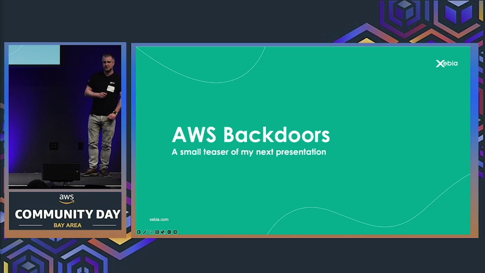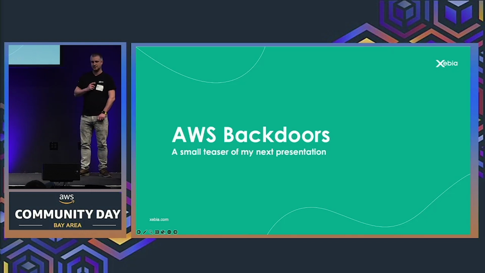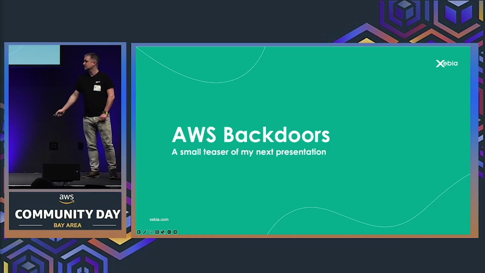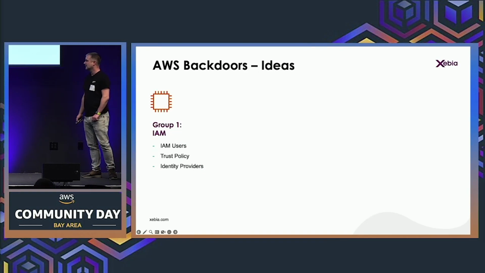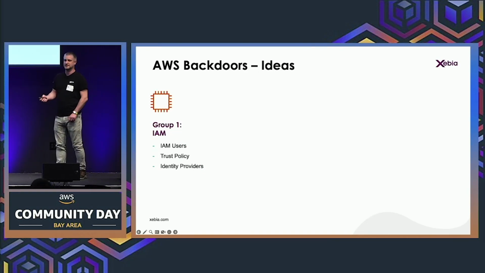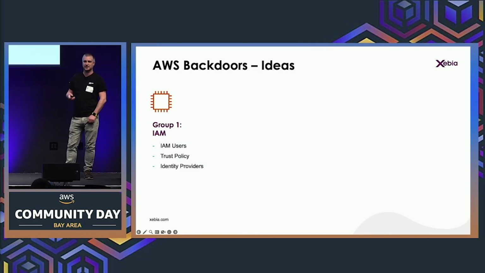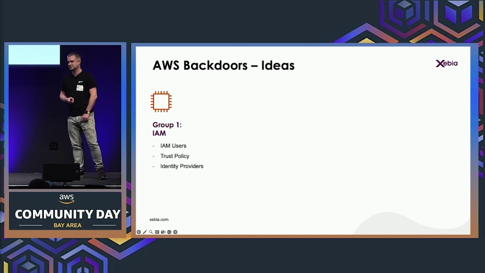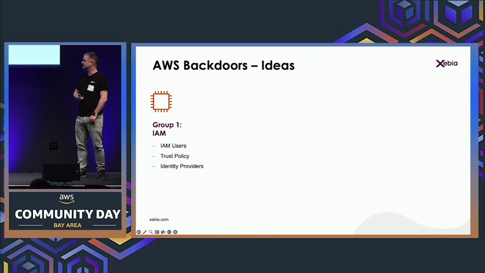That was the list of scenarios for how to get in. But my next presentation is about staying there for a bit longer. Quick teaser. If you get access to someone's AWS account, you want to stay there forever and gain profit from different things. If you are a bad guy, you can, for example, add another key for IAM users.